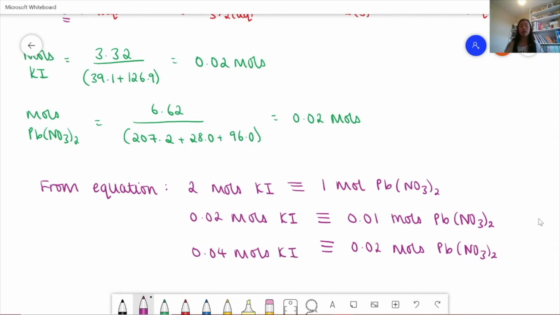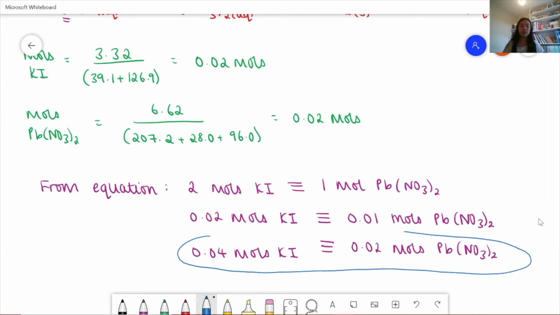We need double the amount of moles of potassium iodide compared to lead nitrate. And so we can see that this one at the bottom can't happen because we don't have enough of this potassium iodide. And so this is the reaction which happens.